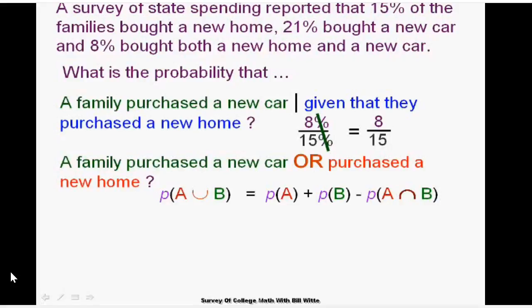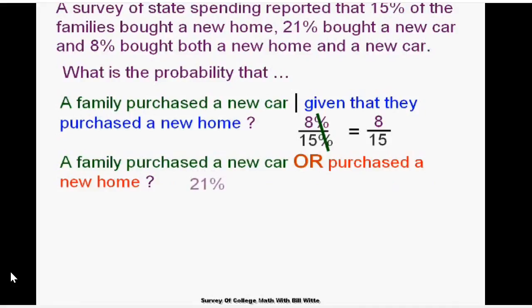Okay, let's look back at the problem. The probability of A union B is going to be the probability of A. Let's see, that's going to be the probability that they purchased a new car. That's 21%, plus the probability of B, that they purchased a new home, that's 15%, minus the intersection, that's that both happened at the same time, that's 8%.